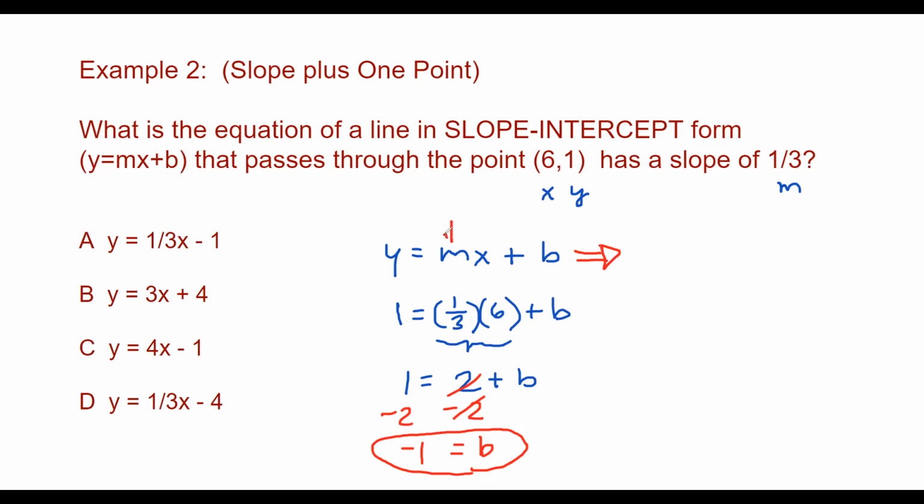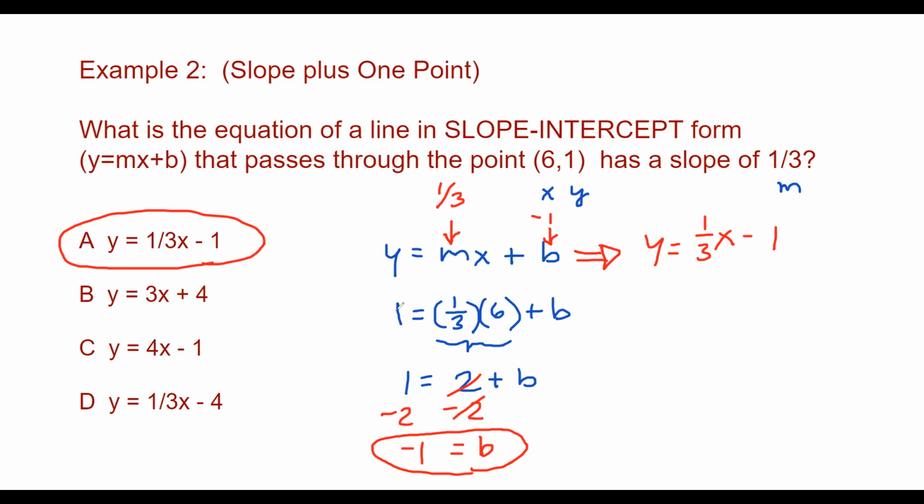We are going to substitute in our slope of 1/3, which we knew from the beginning. And we're going to substitute in -1 for b. y is equal to 1/3 x minus 1. There, our answer is A. y is equal to 1/3 x minus 1.